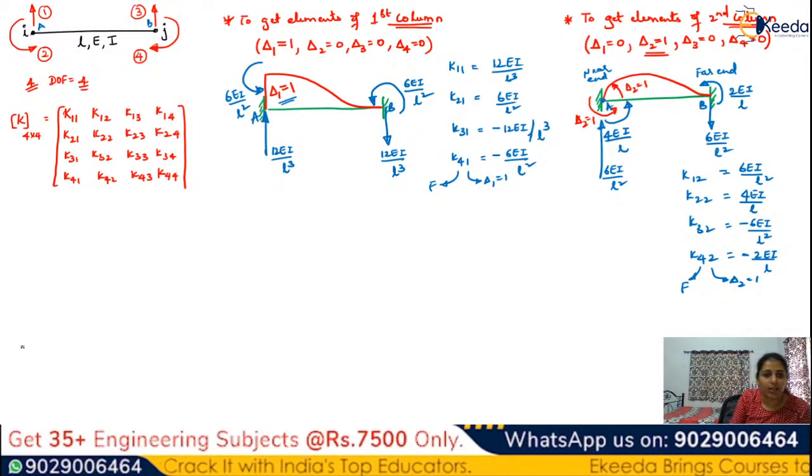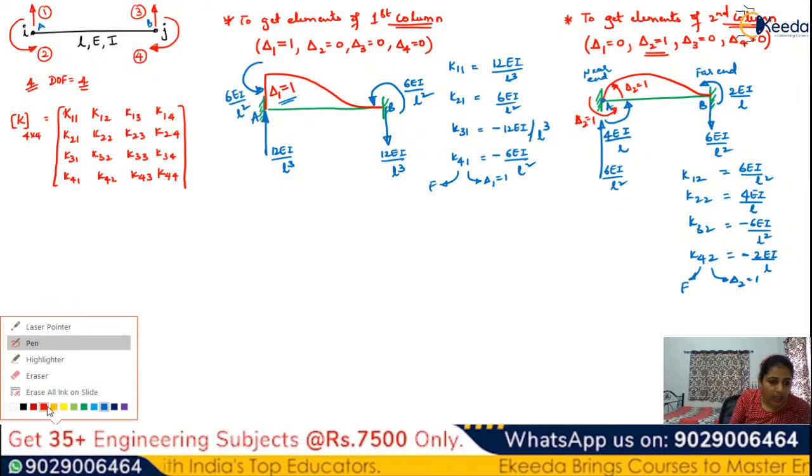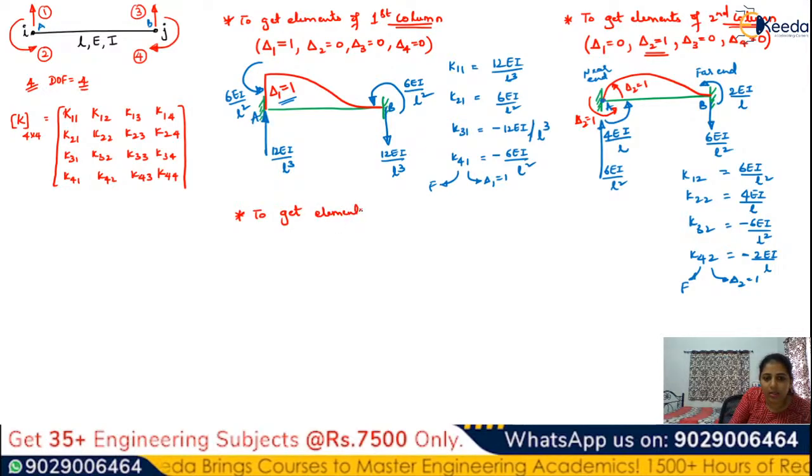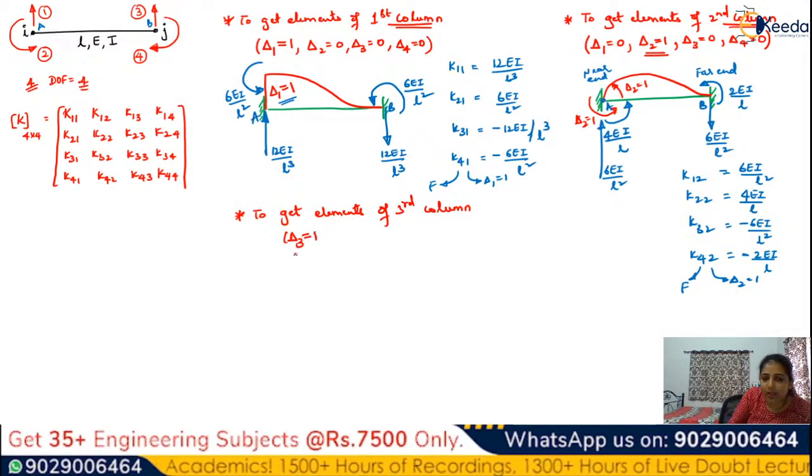Now this is your second column element. Now let us go for the third column. To get the elements of the third column, what do we have to do? Only delta 3 we need to take as 1 and all other displacements we have to keep as 0.